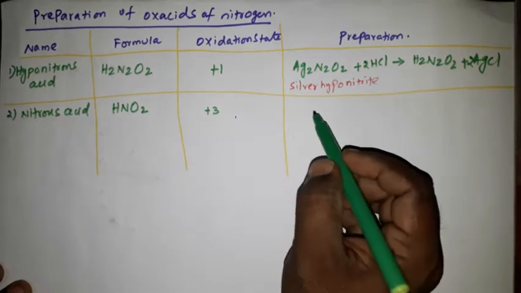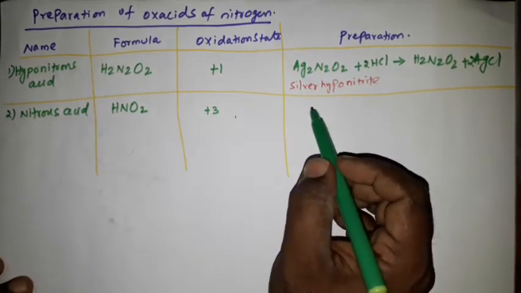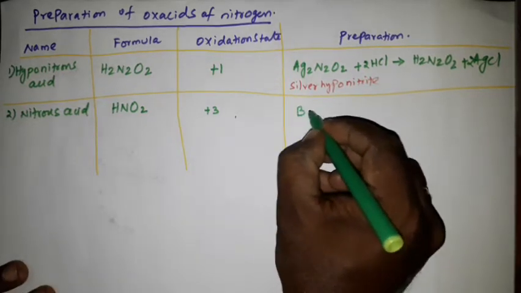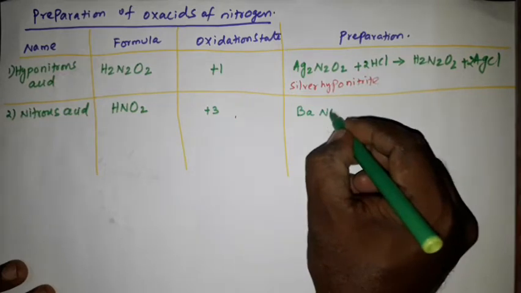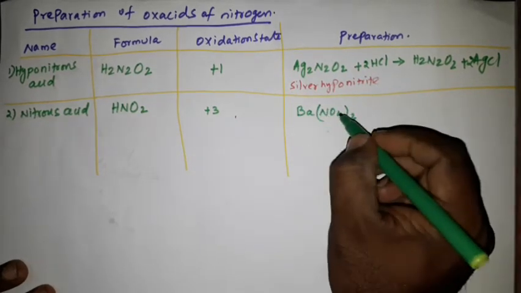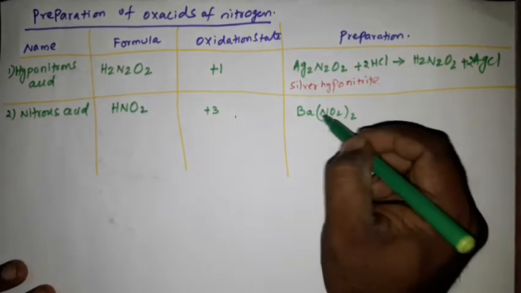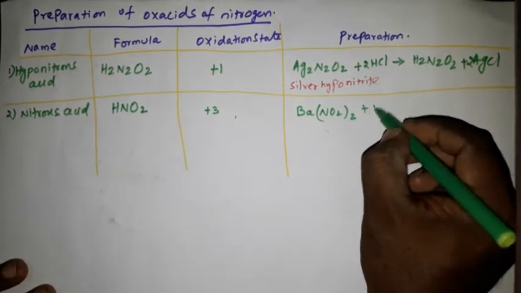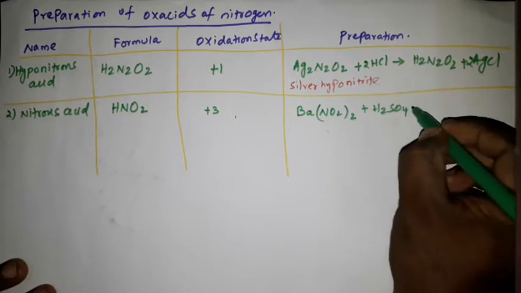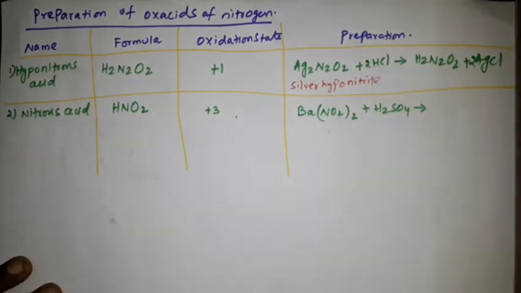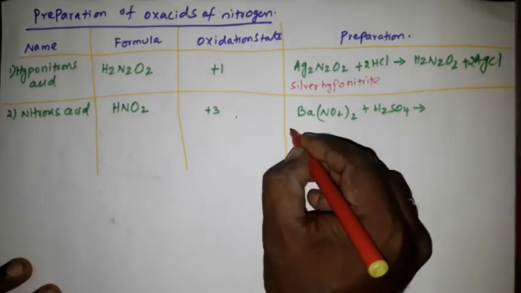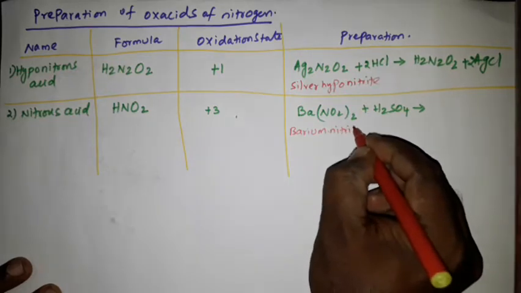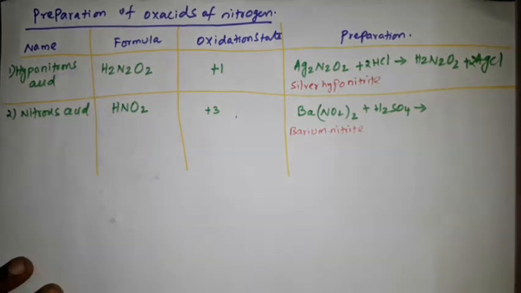The compound needed to prepare nitrous acid is barium nitrite, Ba(NO2)2. Since the valence of barium is plus 2, it is Ba(NO2) twice, plus sulfuric acid, H2SO4. This is barium nitrite plus sulfuric acid.